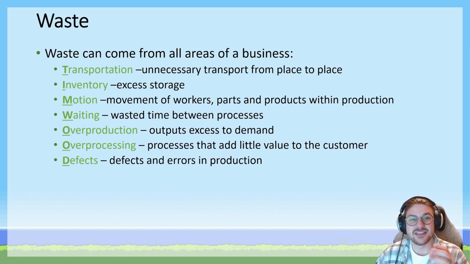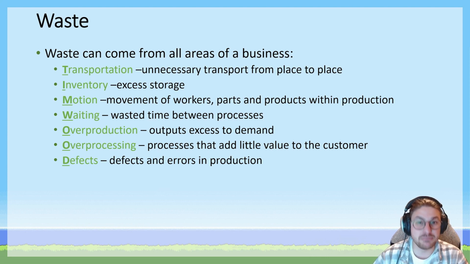This is a helpful tool, an acronym, a helpful mnemonic device to remember the different sources of waste in operations management. For example, the first T in TIMWOOD, or the only T in TIMWOOD, stands for transportation. It would be wasteful to be moving things from place to place if it doesn't have to be moved.